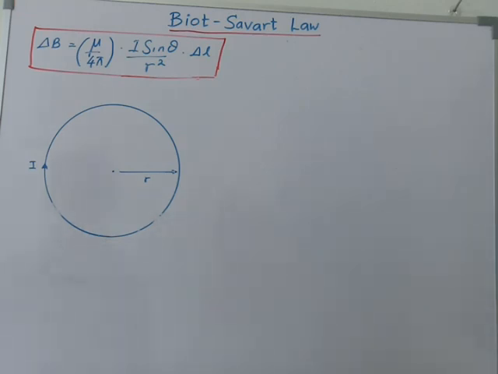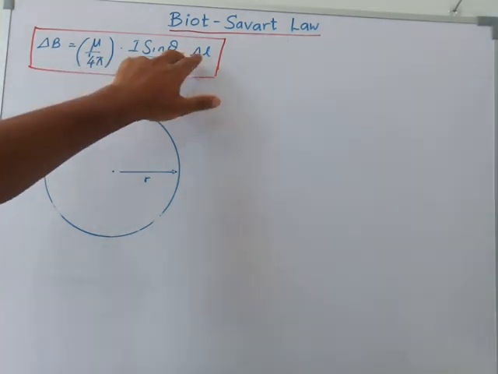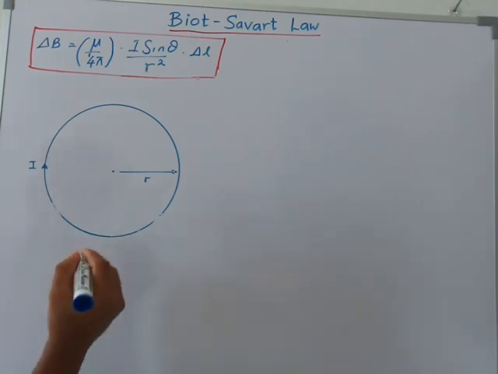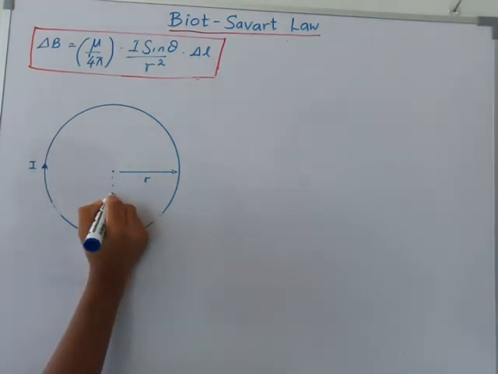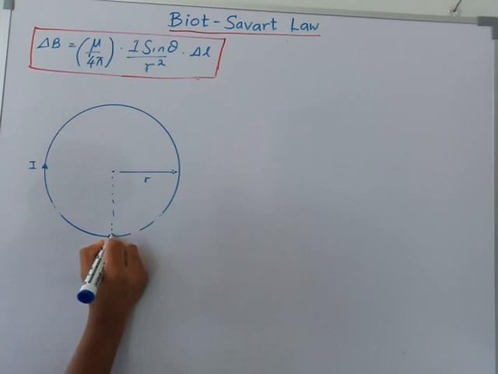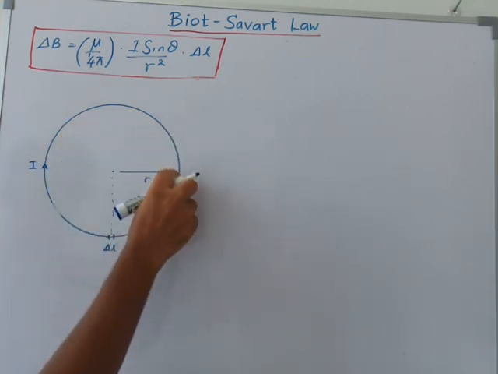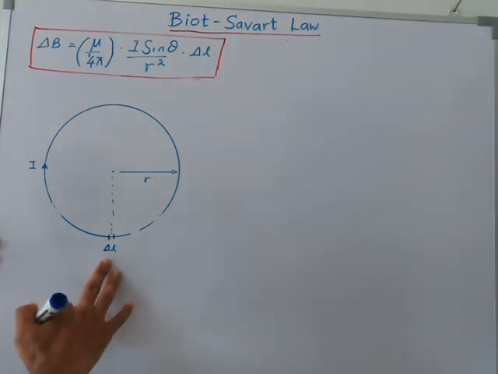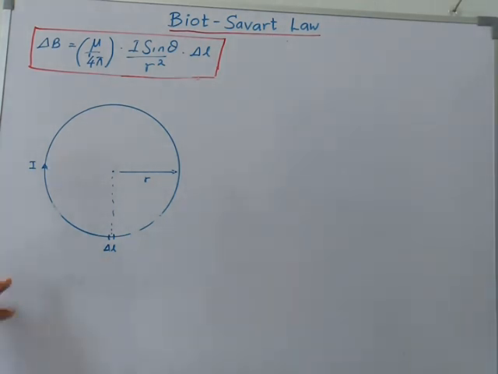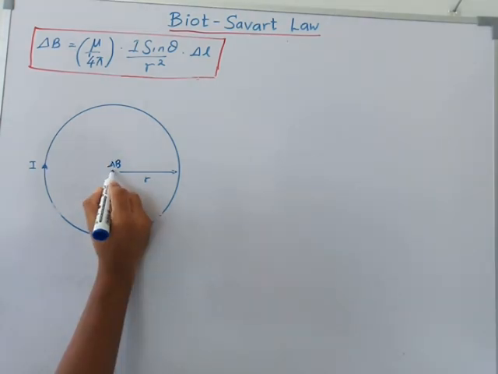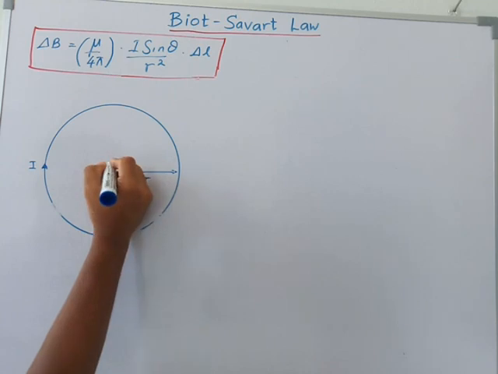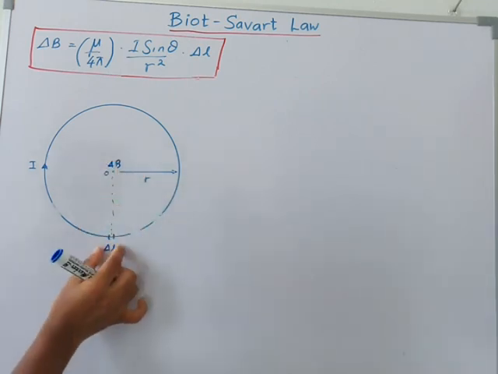First we want to consider an infinitesimal length element. I am considering a length element from here vertically downwards. So this is my delta L. If you want, you can consider it here, here, wherever you want. For my convenience, I consider it to be here. So we can write down the Biot-Savart law. As before, we can write the magnetic flux density at the center to be delta B due to this infinitesimal length element.